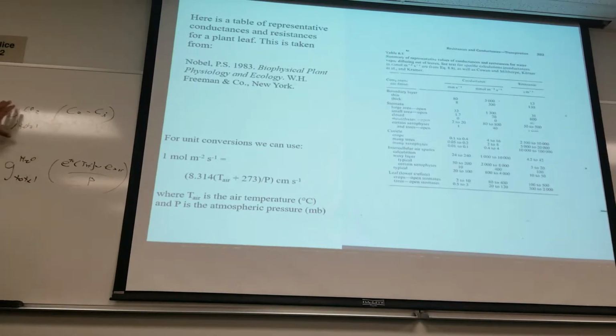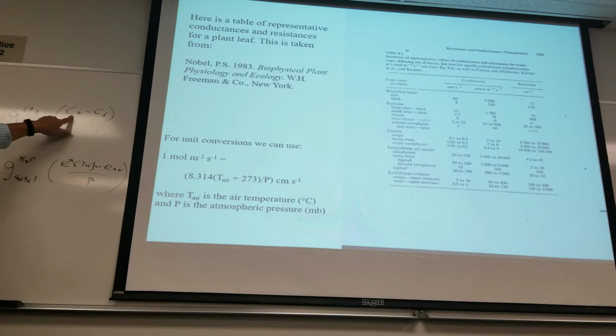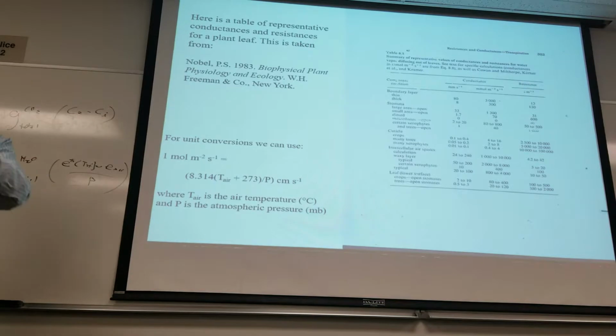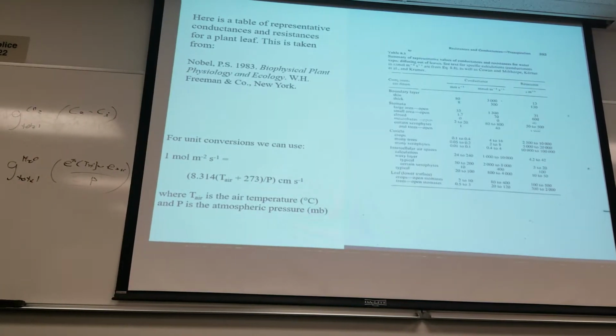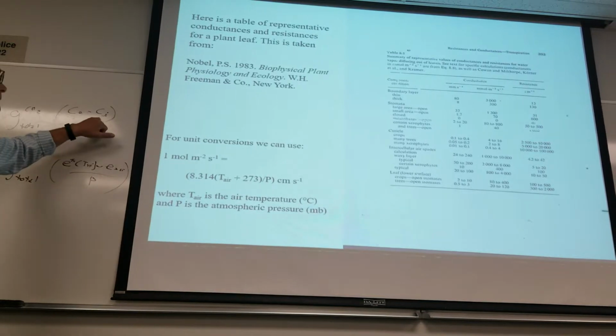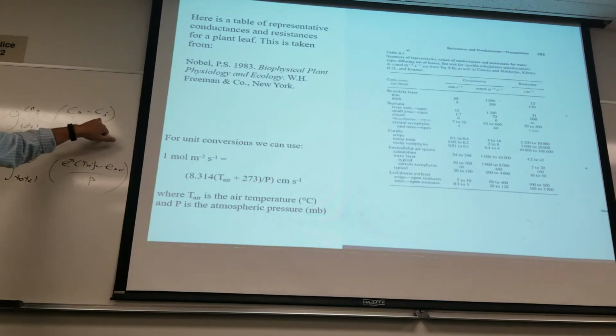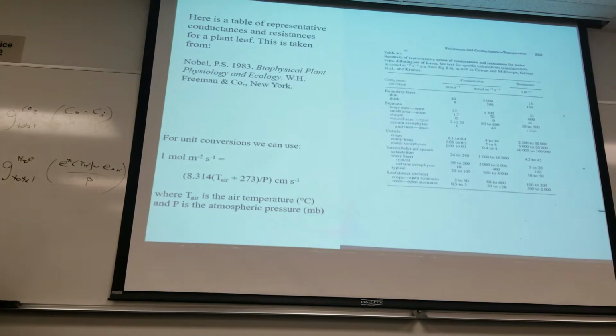For example, as I said, the simple equation for net CO2 assimilation rate is total leaf conductance for CO2 times Ca minus Ci. Ca is the ambient CO2 concentration, like in this room. Ci is the CO2 concentration in the intercellular air spaces in the leaf. But that's not quite right, because that's not where photosynthesis takes place.